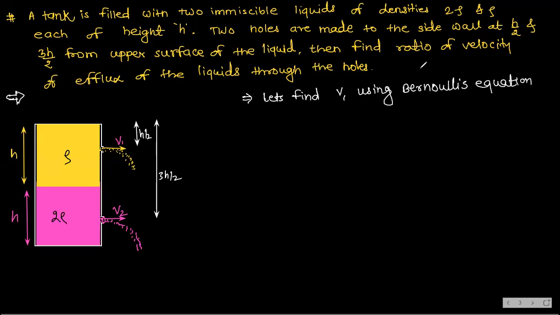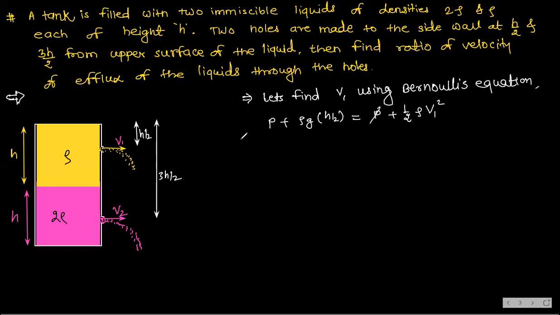Listen carefully. Assuming pressure same here and here, so P plus rho g h by 2 is equal to P plus half rho v1 square.